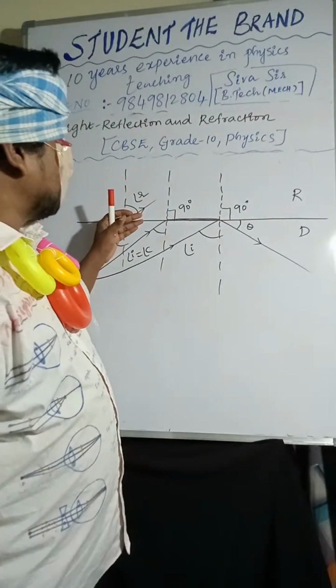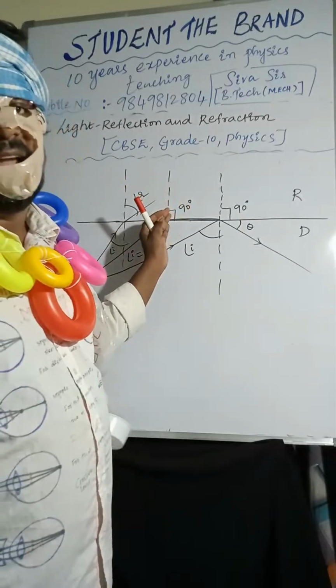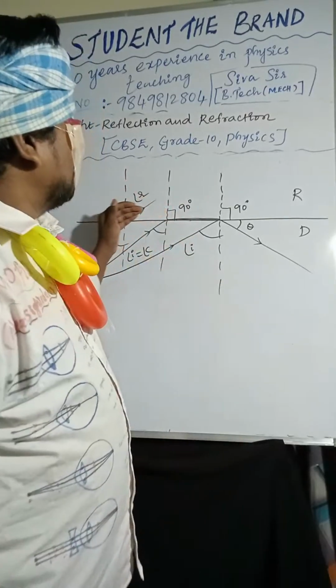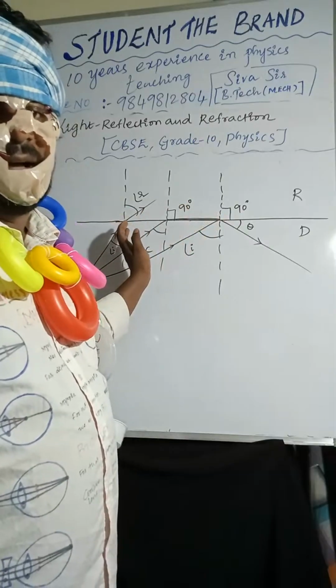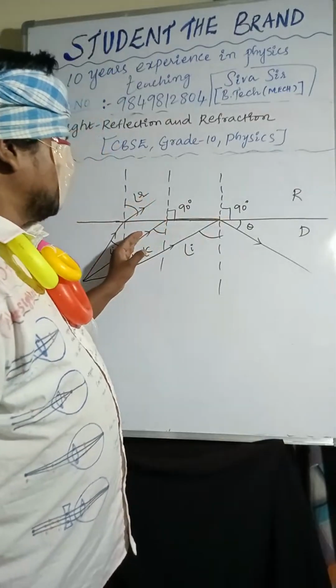So if your light ray is passing from denser to rarer at a certain angle of incidence, the refracted ray passes or grazes along the surface. That is called critical angle.